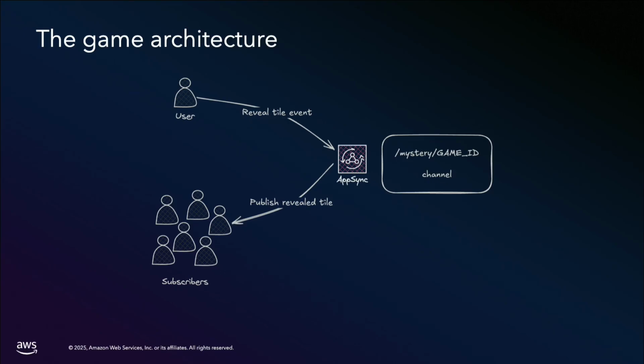We enable that by having an AppSync Events API as the central point of our architecture. The AppSync Events API gives you a fully managed WebSocket API with a namespace called Mystery, and for each namespace you can have a specific channel based on the game ID.